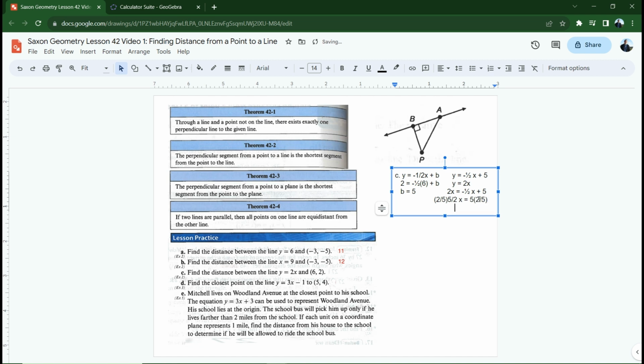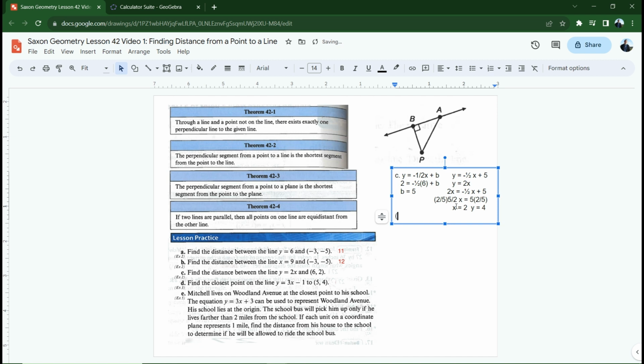So I'm going to get x equals 2. And if x equals 2, I'm going to plug that into the second equation. If x equals 2, then y equals 4. Now I found the point of intersection between my perpendicular line and my original line, this point right here: 2, 4. All right, you'd hope we were done, but we're not.